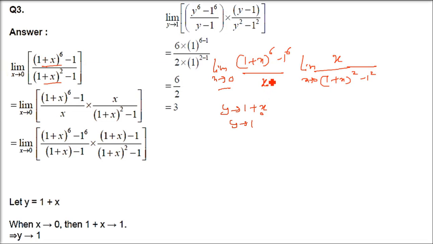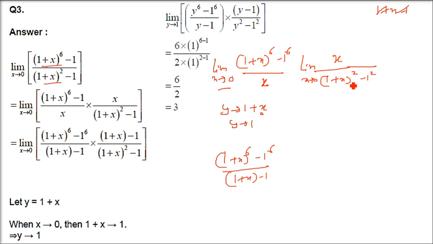Here this x can be written as 1 plus x minus 1, because it will be x only. So 1 plus x to the power 6 minus 1 to the power 6, and you have 1 plus x minus 1.